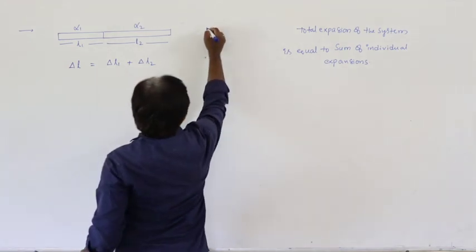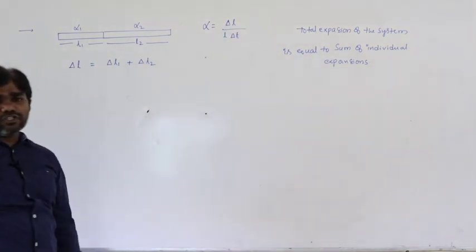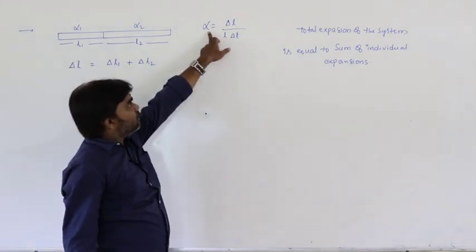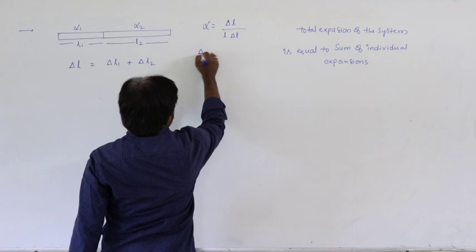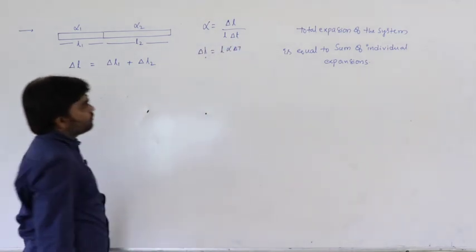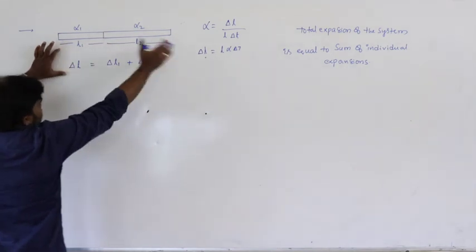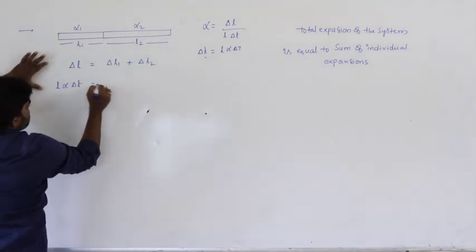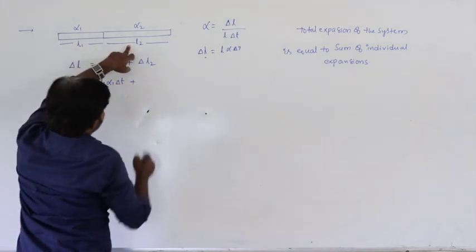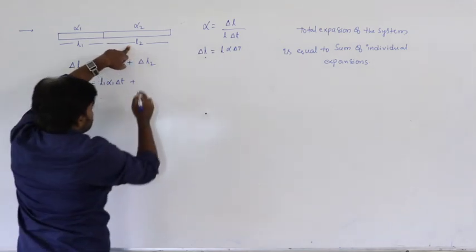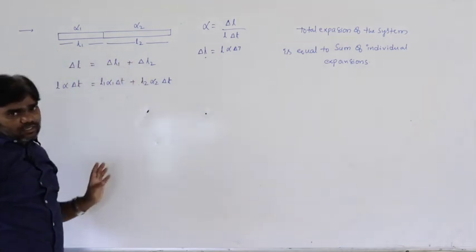Now, by the definition of coefficient of linear expansion, alpha is equal to delta L by L into delta T. From this we can write delta L is equal to L alpha delta T. So L alpha delta T is equal to delta L1, the expansion of the first rod, L1 alpha 1 delta T, plus delta L2, the expansion of the second rod, L2 alpha 2 delta T. So delta L is equal to delta L1 plus delta L2, no doubt about that.